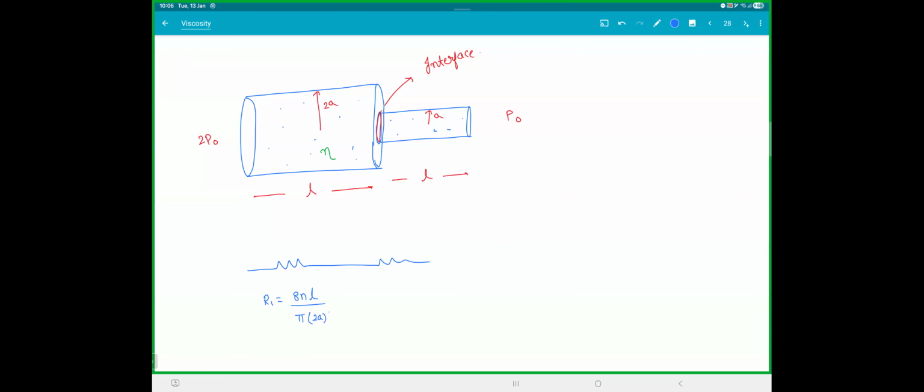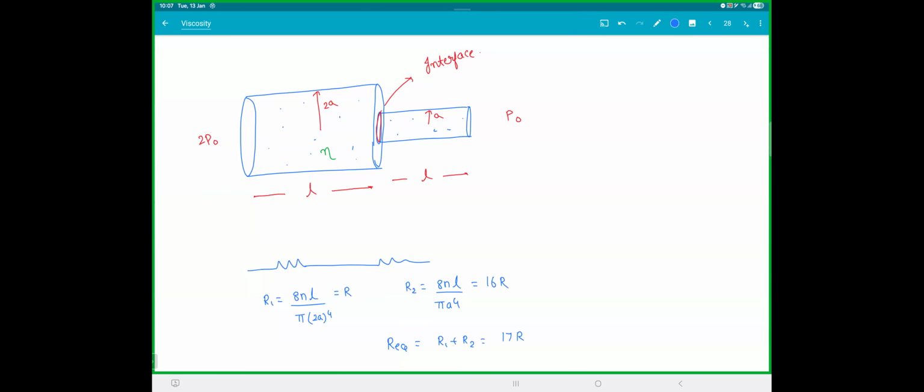For convenience, I'll call this R. Then R2 will be 8 eta L by pi a power 4. So if this is R, then this must be 16R. Agreed? Because that is 1 by 16. So what is R equivalent? R1 plus R2, you can write this as 17R.